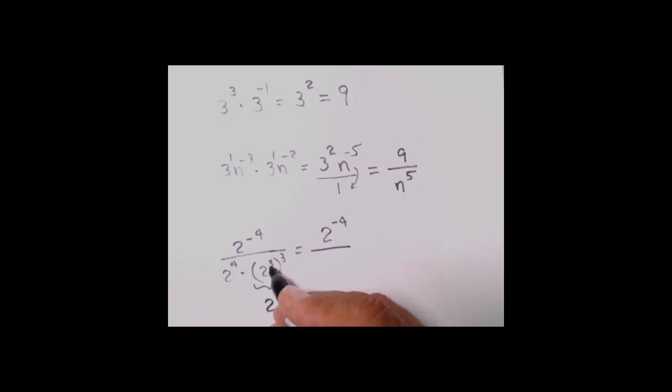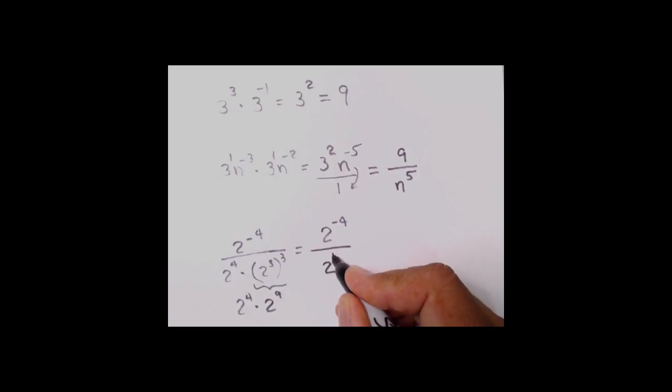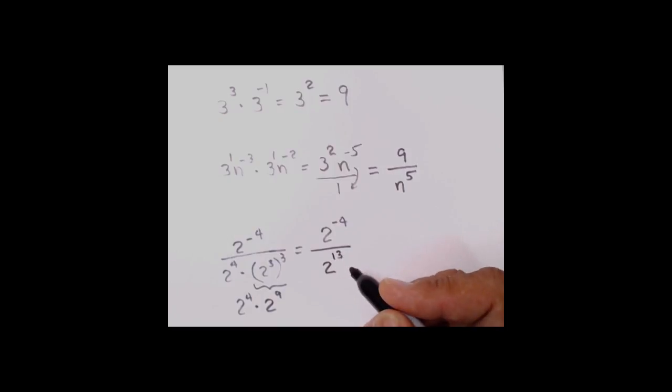So this is 2 to the 3 times 3, which is 9. And of course, what we have in front, 2 to the 4th. Well, okay. Look at what we got here. It's the same base. 4 2's here, 9 of them here. We simply use the product rule and add the 4 and 9 together, and I get 2 to the 13th.